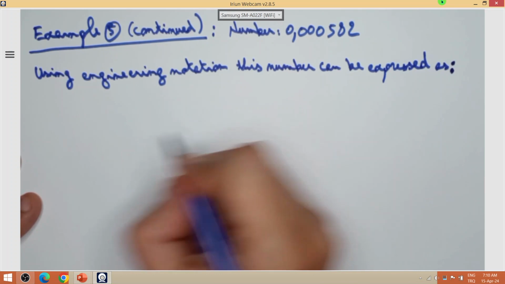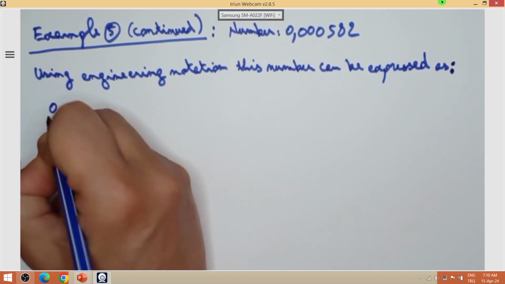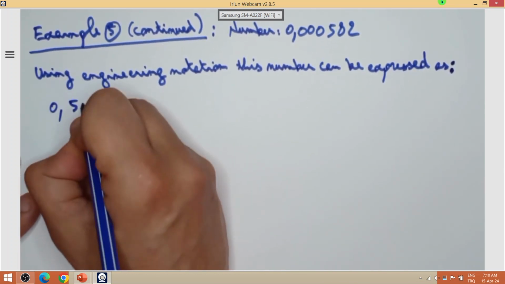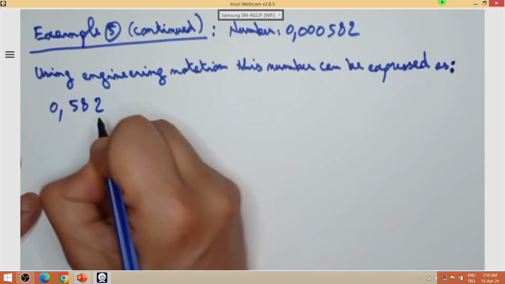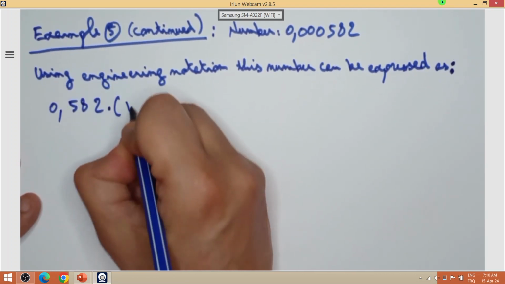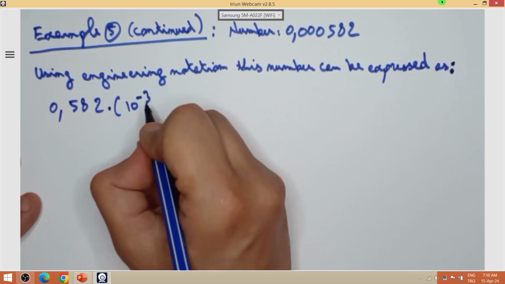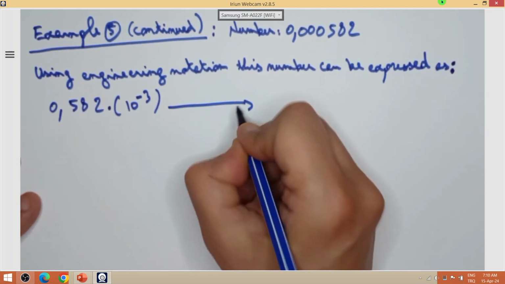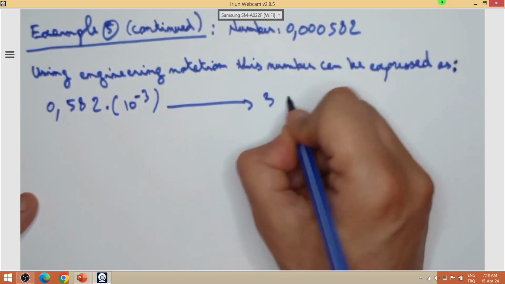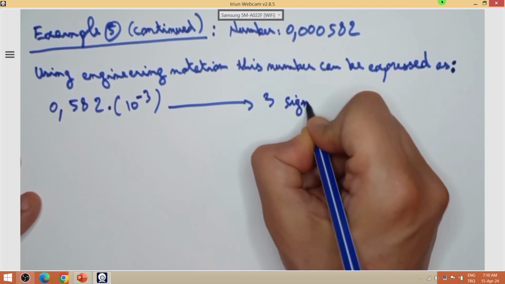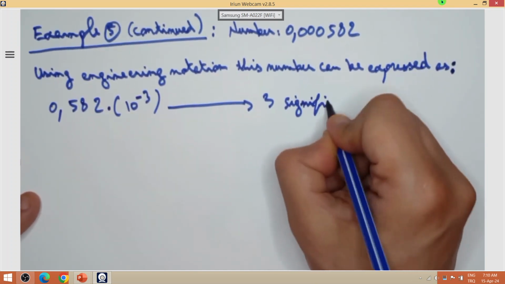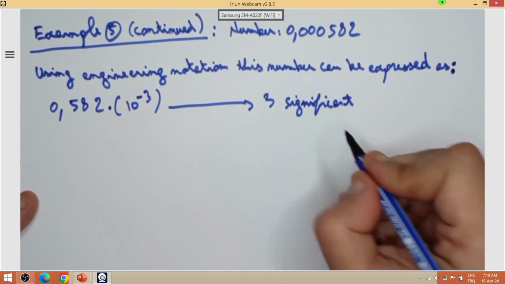We can write it in this way: 0.582 times 10 to the power minus 3, which means it has 3 significant figures.